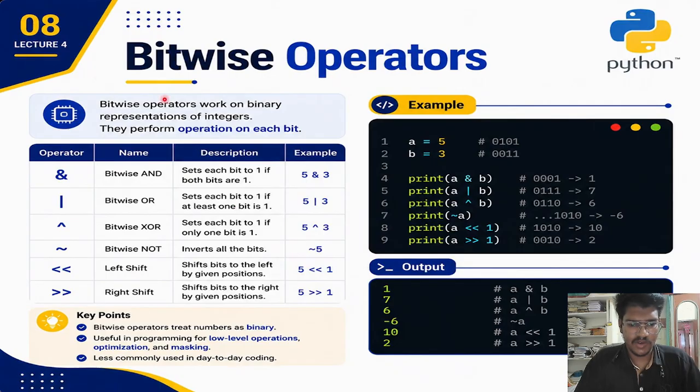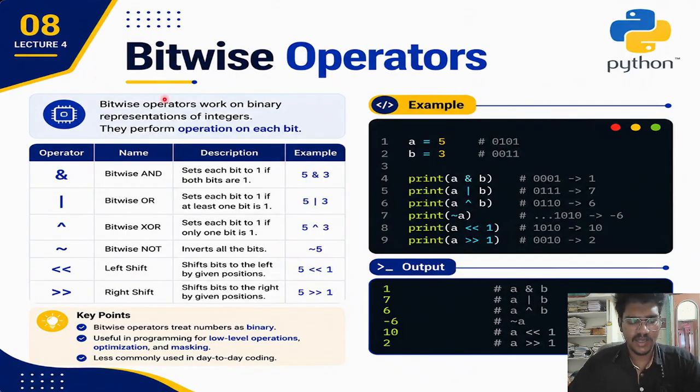These operators work on the binary representation of integers. That means they operate on each bit, like 0 and 1, individually. The bitwise operators are bitwise AND, bitwise OR, bitwise XOR, bitwise NOT, left shift, and right shift. They are six operators in total. Let's discuss them in detail.